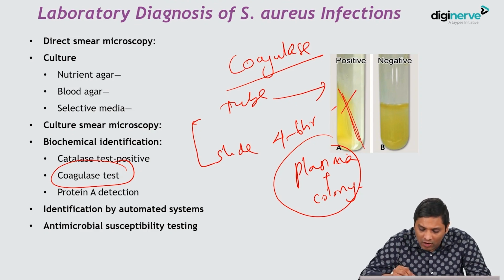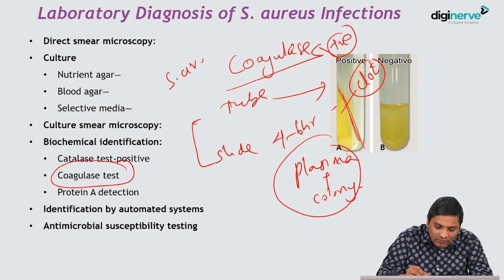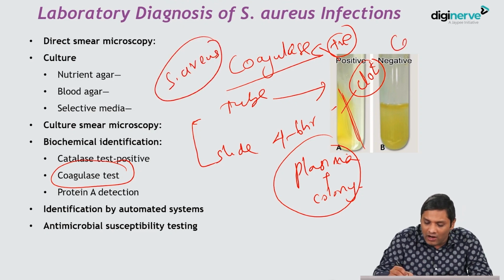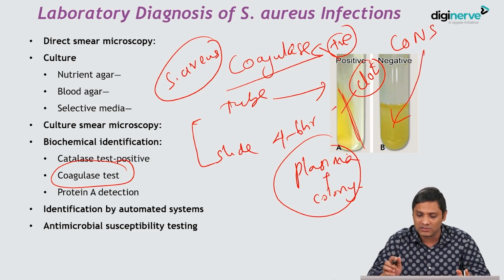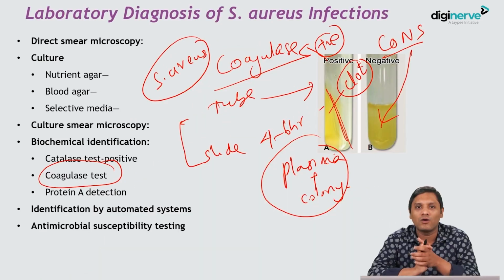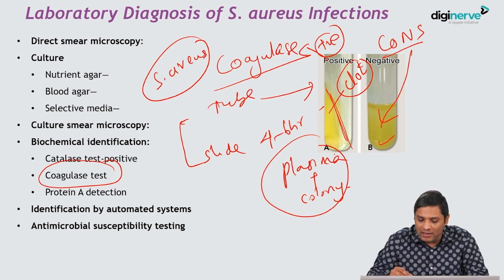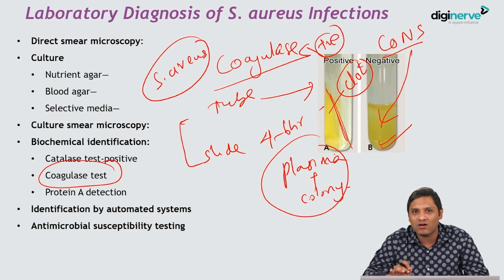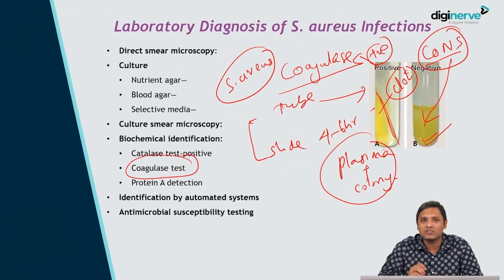The presence of clotting indicates that the coagulase test is positive, and it is positive for Staphylococcus aureus, whereas all other Staphylococcus species are called coagulase negative Staphylococcus, abbreviated as CONS, where the plasma doesn't clot. So clotting of the plasma indicates it is positive, Staph aureus. If the medium remains liquid and doesn't clot, then it is coagulase negative, a feature of other Staphylococcus species. So this is tube coagulase.